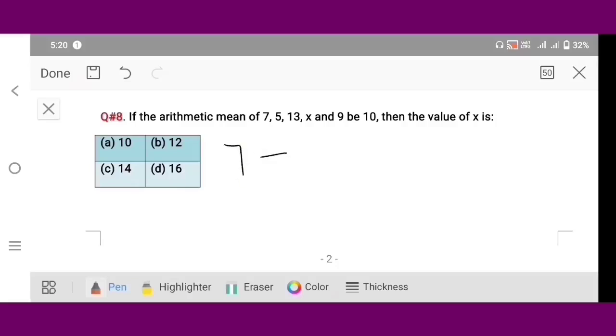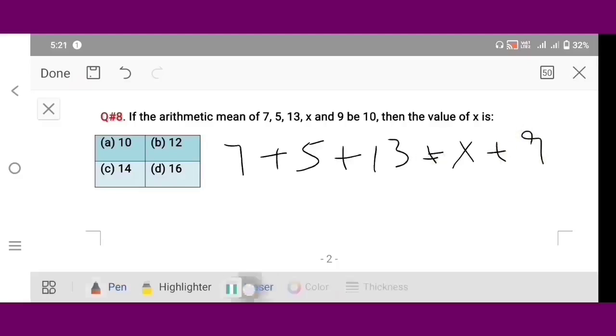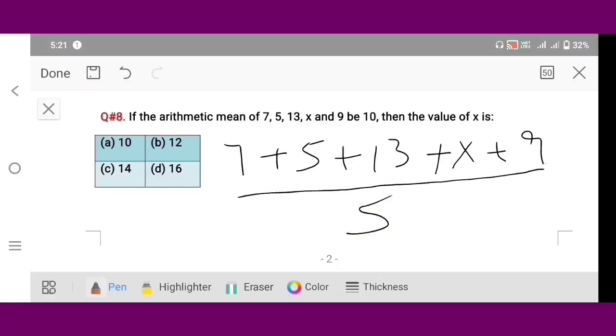So 7 plus 5 plus 13 plus x plus 9 divided by 5, because we have 5 values, will be equal to 10.